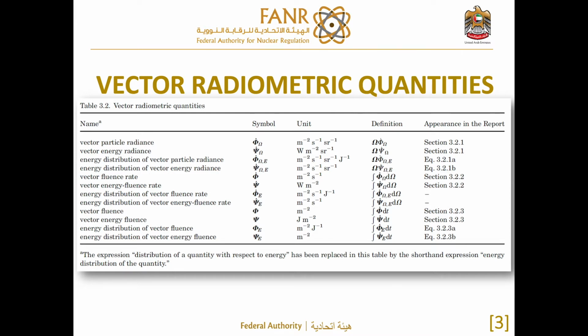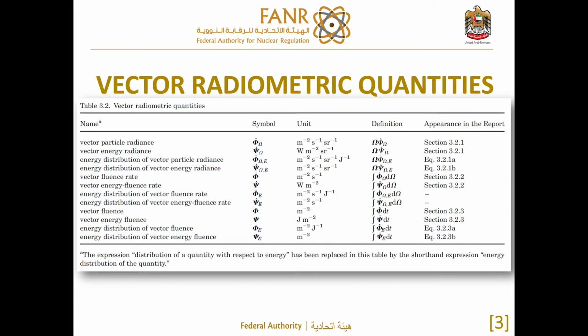These are some examples as defined by the ICRU, the International Commission on Radiation Units and Measurements, which is an international organization trying to systemize all the quantities and units in the appropriate way, and they are issuing reports which are very comprehensive, describing specifically radiation quantities and units and how to measure them, and also other applications which are very important too. But for us, you see so many vector quantities which are complex and used in very, very specialized fields.